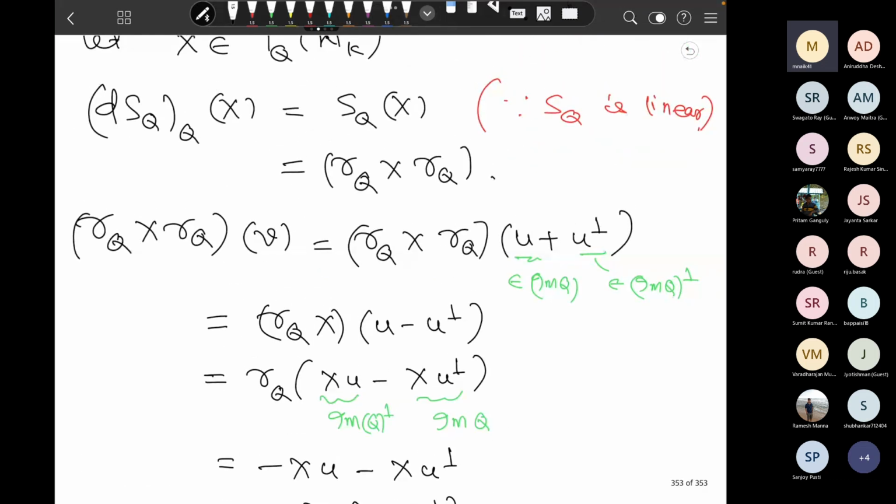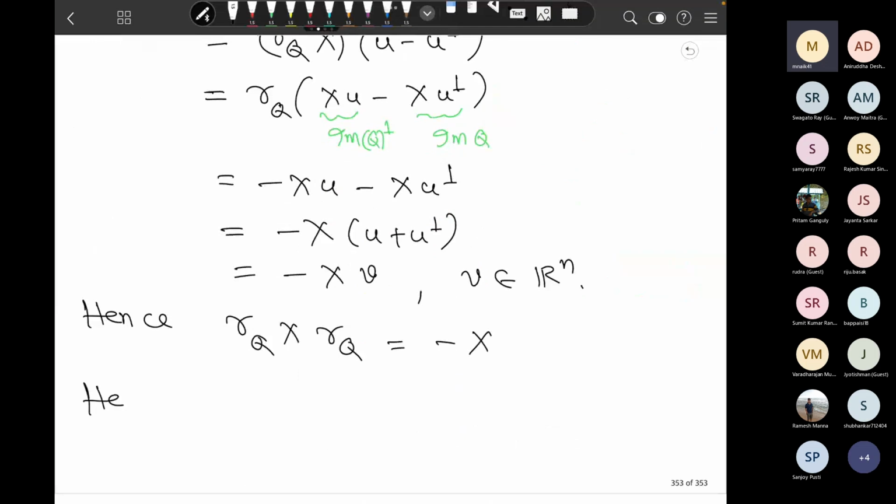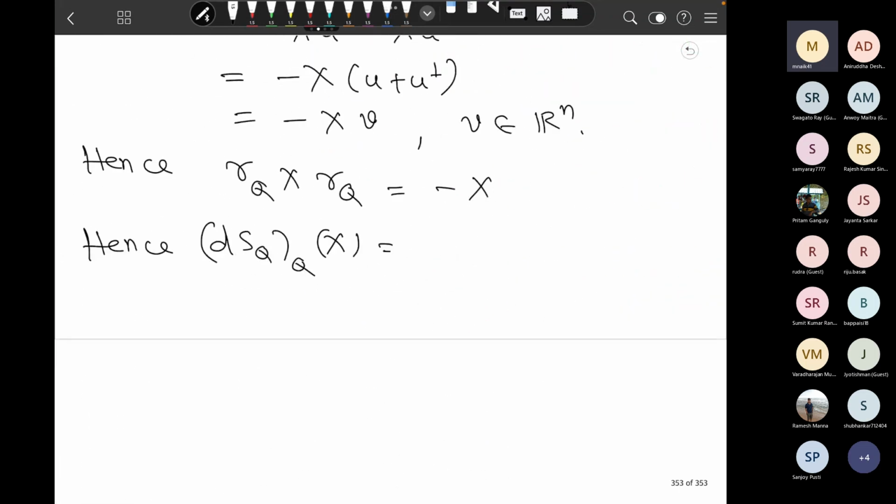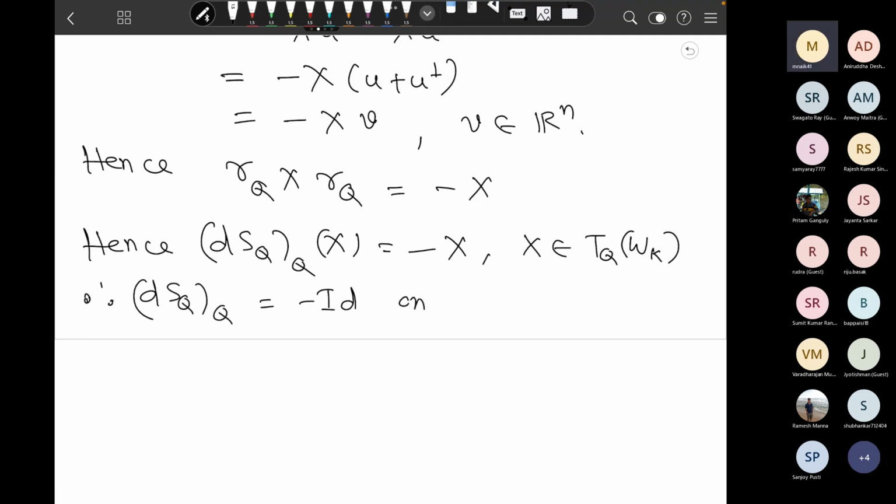Now dS_Q at Q applied to X is R_Q X R_Q, but that is minus X, for X belonging to T_Q W_K. So that means dS_Q at Q is minus identity on T_Q W_K.